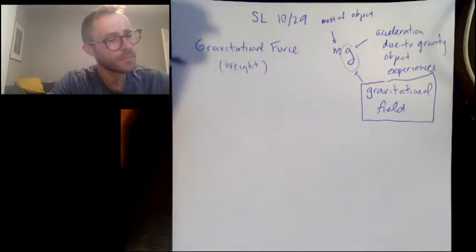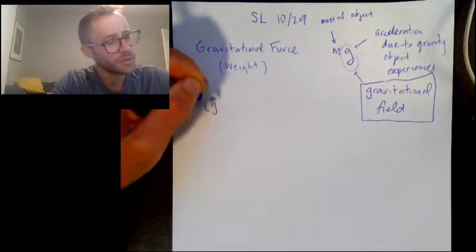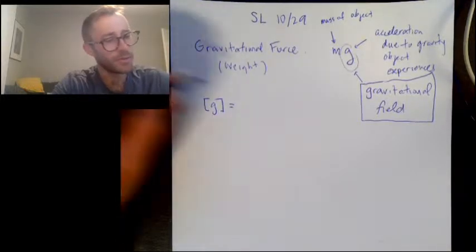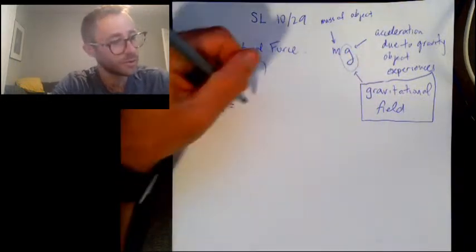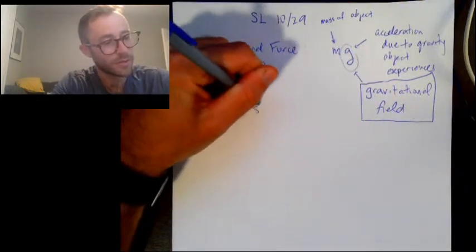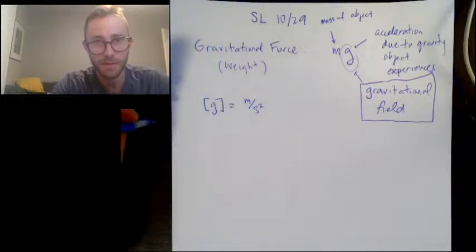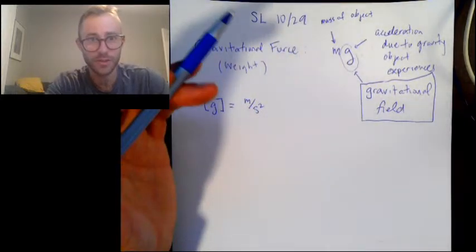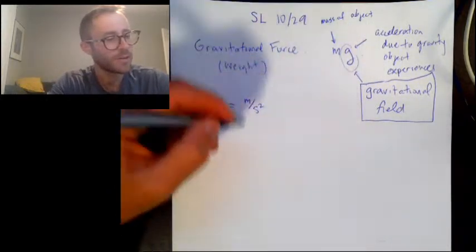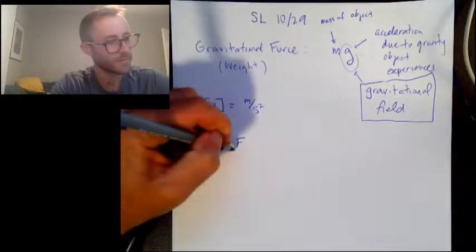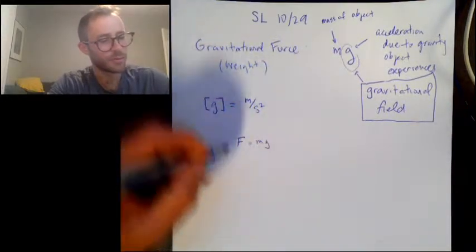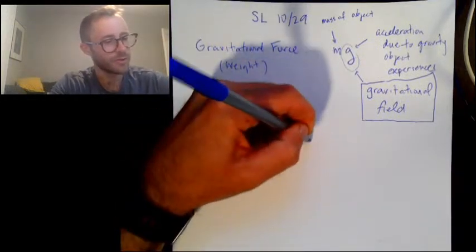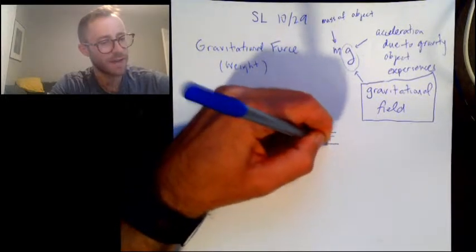We know that the units of gravitational field are going to be, because it's the acceleration due to gravity, meters per second squared. But when you're talking about it as a gravitational field, you tend to use different units. The gravitational force is mg, so the gravitational field is force divided by mass.